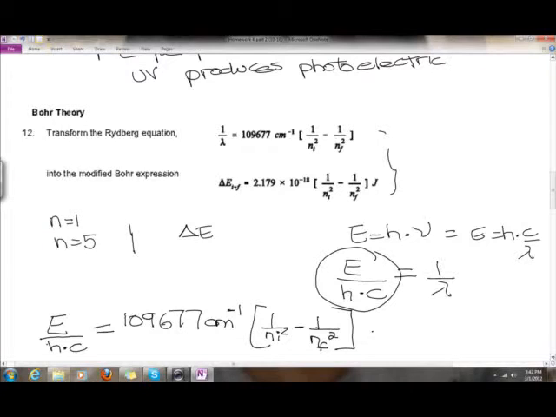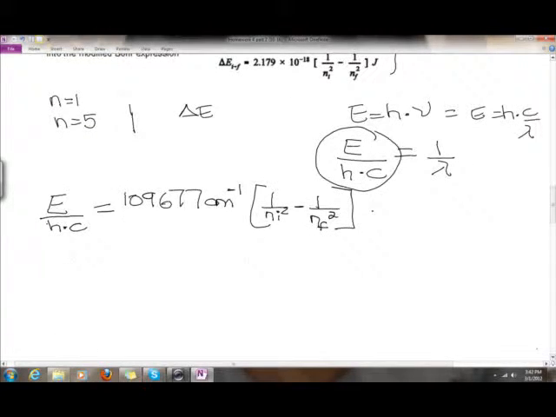Now, this would be the same as the difference in energy from initial to final, because we're considering both states.